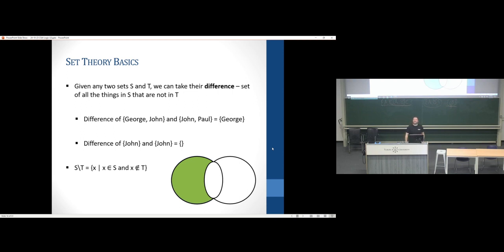So difference is effectively something like subtraction, right, or remainder. In 3 operations: union, are you in either? Intersection, are you in the overlap? Right? And difference, are you in what's left over after I take out the overlap? These operations are wonderful because basically with these 3, we can pretty much define almost all of mathematics, which is really cool.